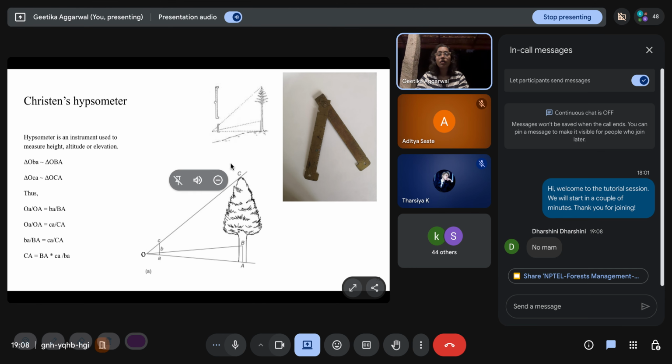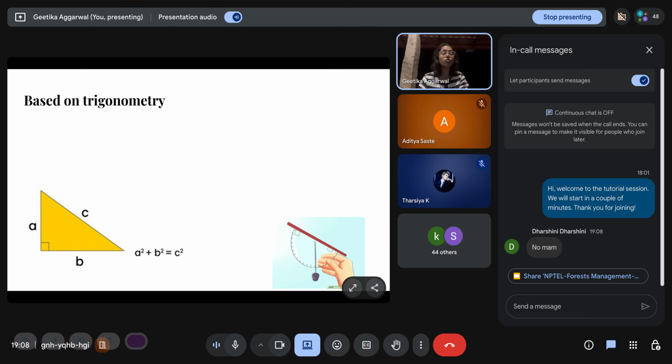Okay, moving on to how you measure the tree's height based on trigonometry. You might be aware of this simple thing, or not so simple for some people. Basically, Pythagoras theorem. If you have a right angle triangle with three sides A, B, C, the two sides are A and B. A square plus B square is equal to C square, where C is the hypotenuse.